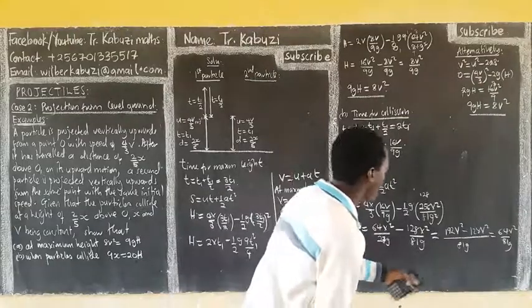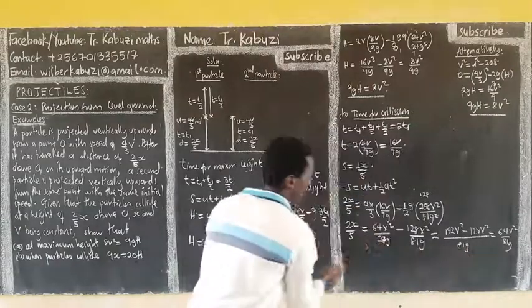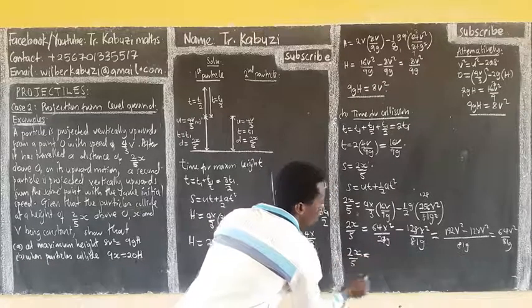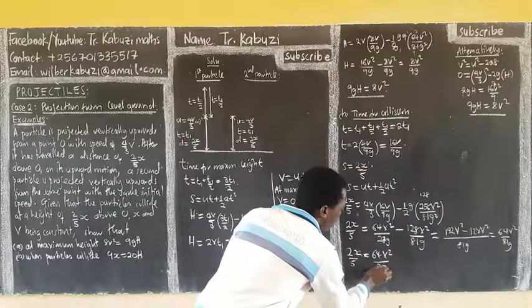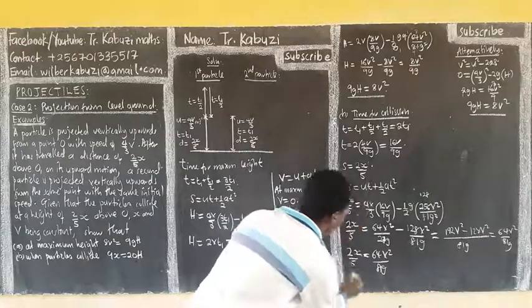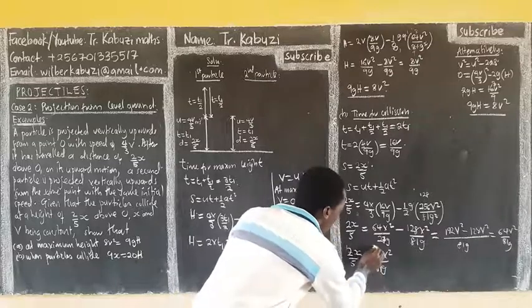If we cross multiply, 2x over 5 is equal to 64 v squared over 81 g. When we cross multiply, by this we shall get 32.